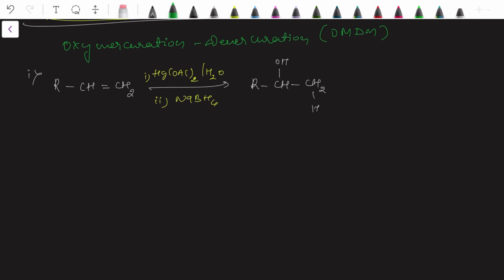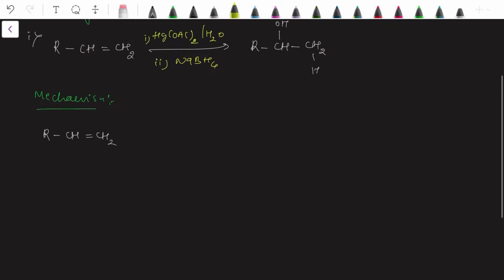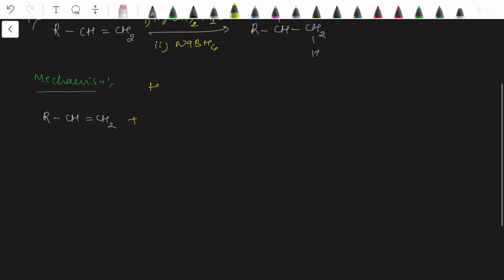So let's understand the mechanism. Based on that only you will understand how they can ask the question. We know that alkene is a very good electron donor because it has some electron density within itself. The reagent I am using, mercuric acetate, I can write as Hg(OC(=O)CH3) twice, like this.